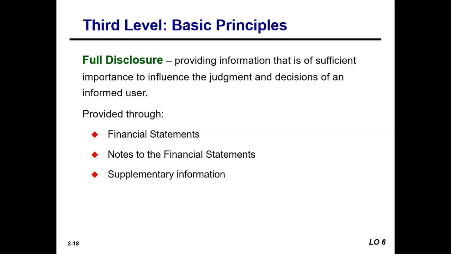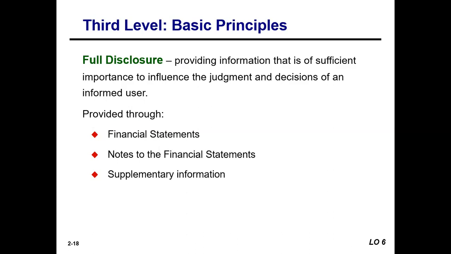For example, if the company is involved in a large lawsuit and it's pretty reasonable to assume that they're going to have to pay out on that lawsuit, even though they don't know the amount yet, they would disclose that in the financial statements. That is something that might affect a user's decision making, right?